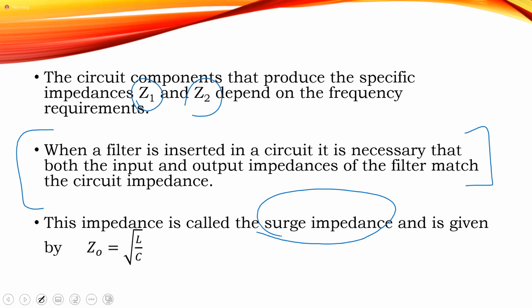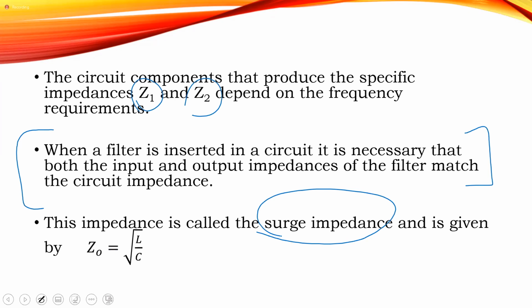All right? And just to go back to the first point we made, we said that Z1 and Z2 depend on the frequency requirements. So if we were looking at a high pass filter, for example, the series element is a capacitor and the shunt element would be an inductor.